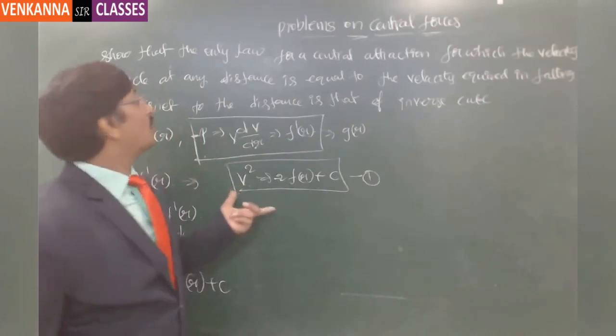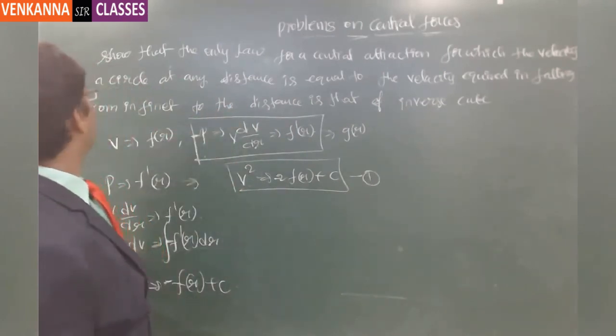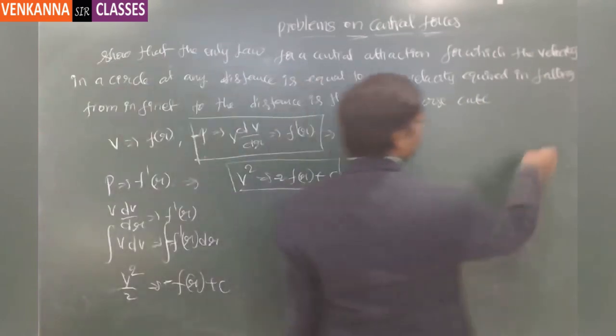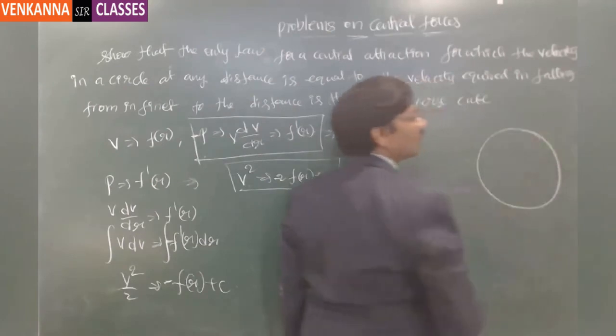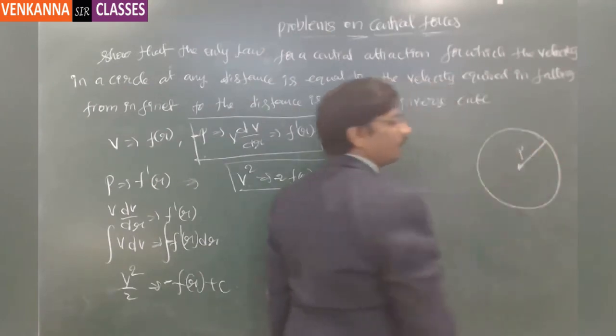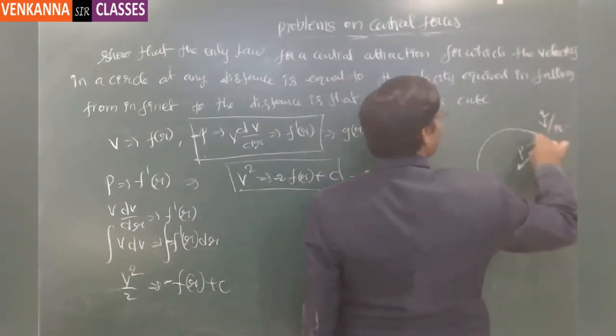And the second statement he made was: when the particle is moving in a circular path, the centripetal acceleration is going to be p, and the velocity of the particle is going to be such that v square by r is equal to p.